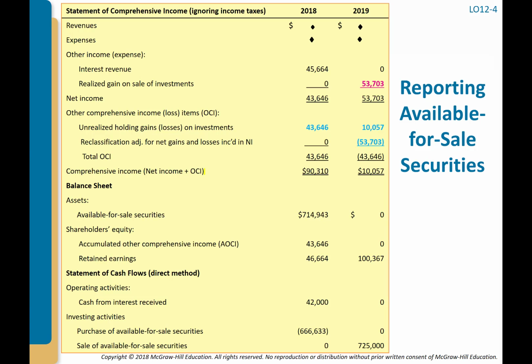Okay, so I go ahead and I'm going to debit my OCI gain here to close it. That's this account right here. Okay, that was an OCI. So we'll call it unrealized holding gain just so that it is consistent.